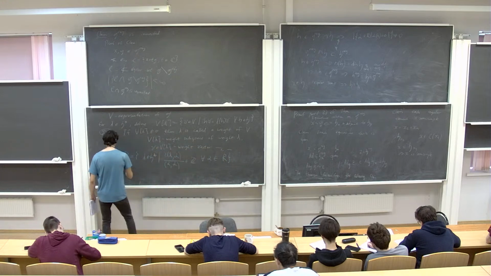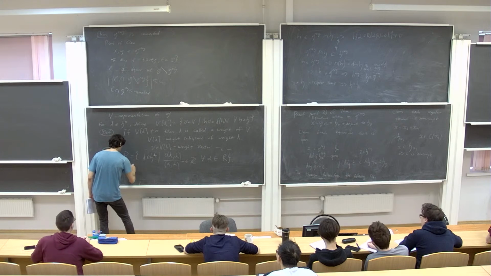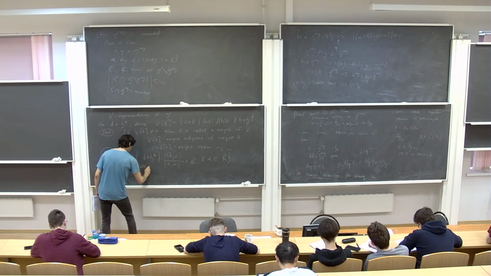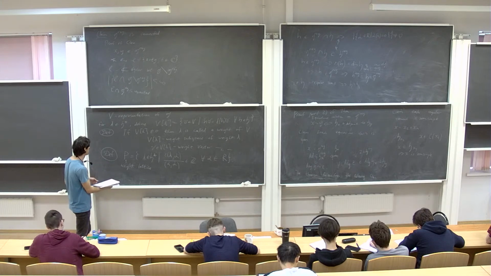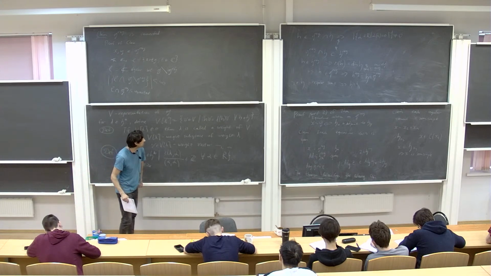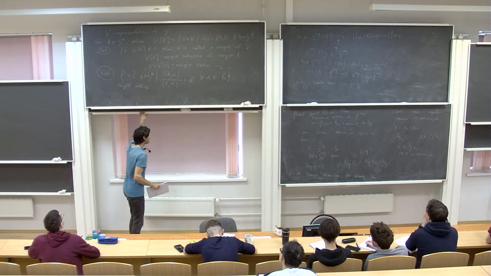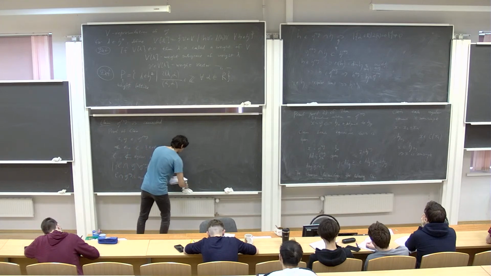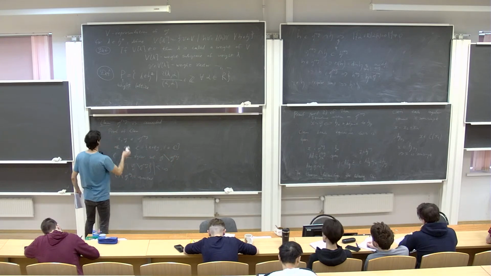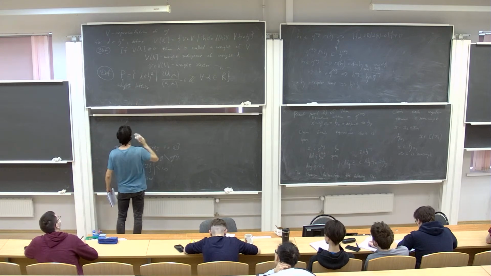So this is called the weight lattice. The first proposition that we have is that any finite dimensional representation of G has a weight decomposition, and weights are in the weight lattice.